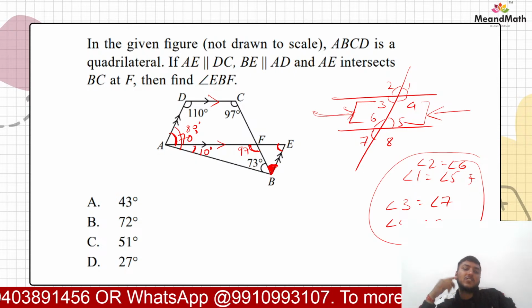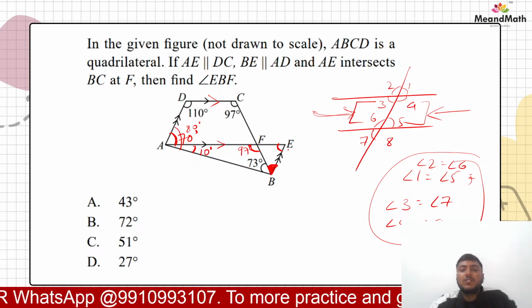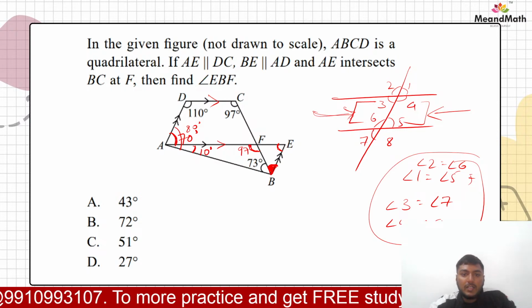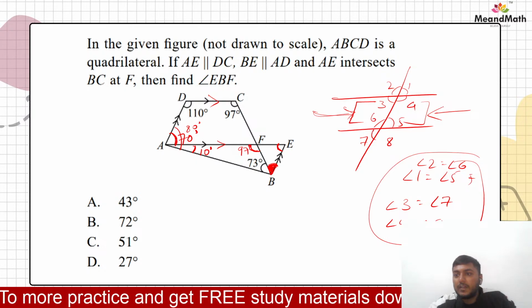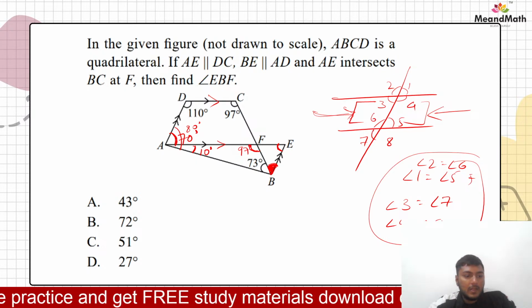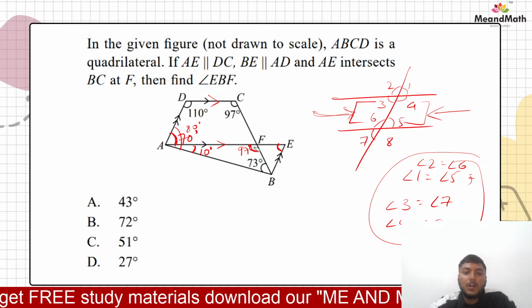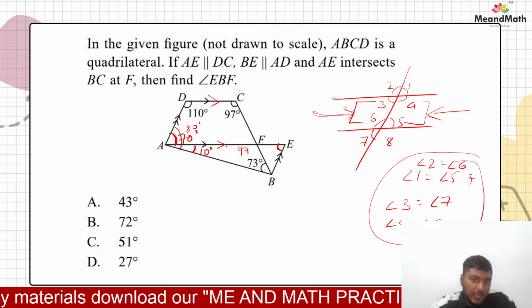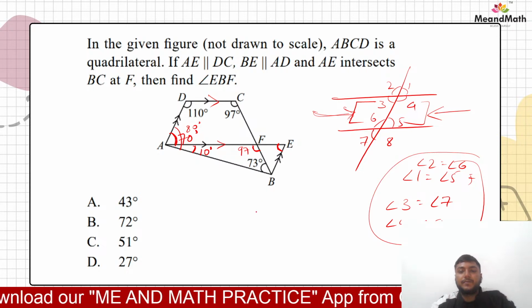Can we actually apply angle sum property in triangle AEB? No, we cannot, because to find the angle E we should be knowing angle B. तो angle B तो हमको find ही करना है, right? So what we'll do now? So अभी problem है हमारे सामने कि अभी हमको angle E भी find करना हो सकता है. So this is 97, right?